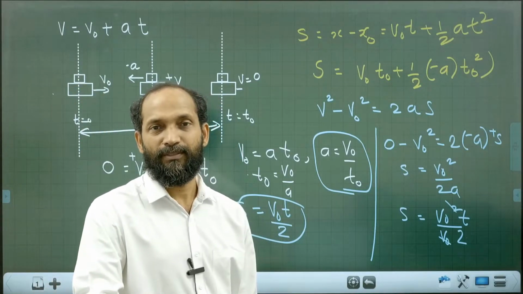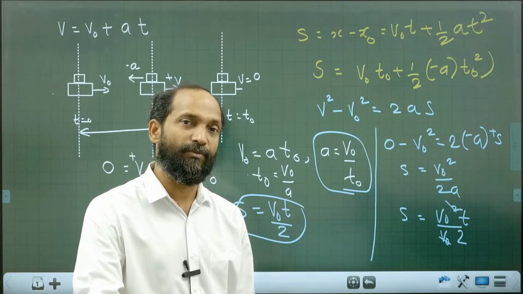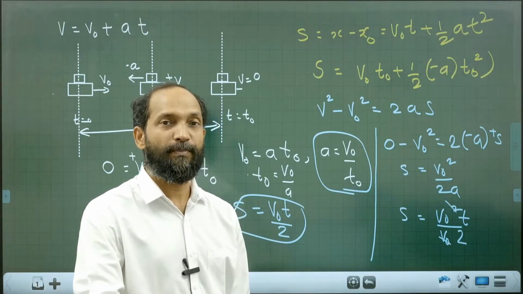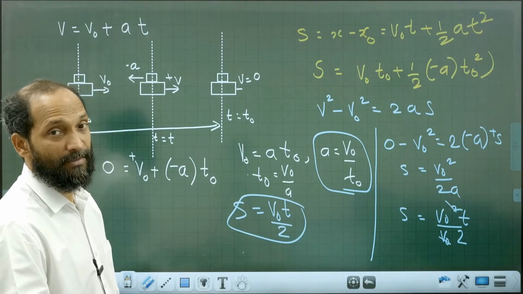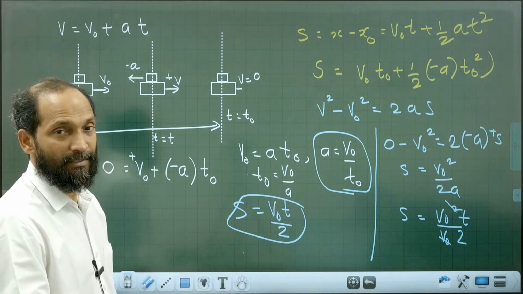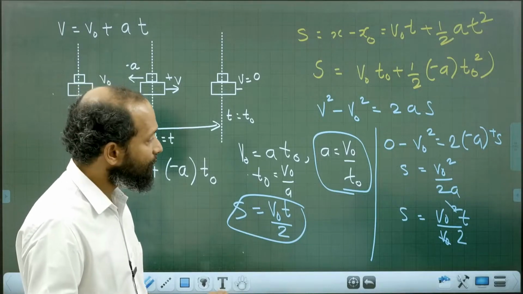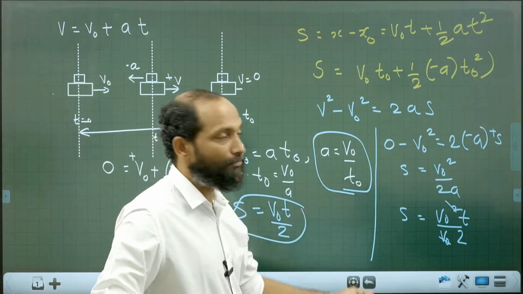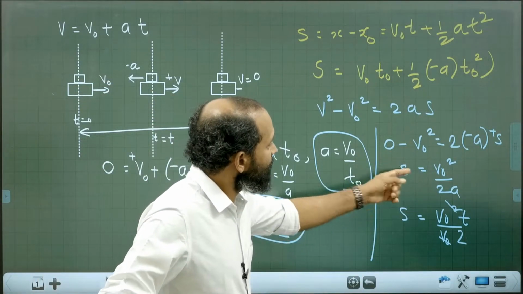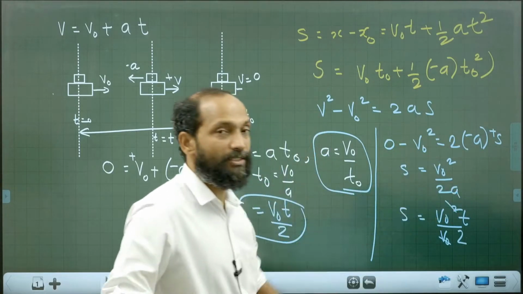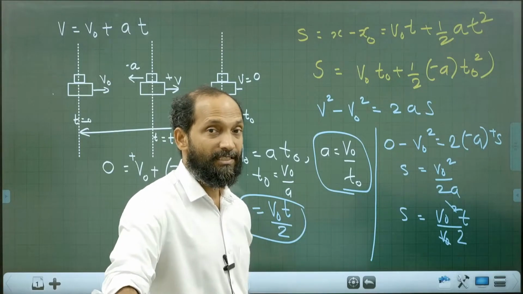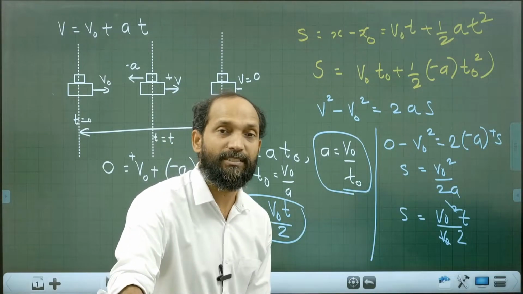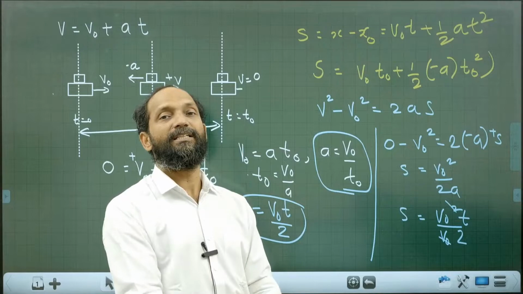So what should be the minimum length of runway required if the takeoff speed is v0? We can use the minimum length of the runway as v0 square by 2a, if v0 is the takeoff speed and a is the acceleration. So you can use this same equation for finding the accelerating distance.